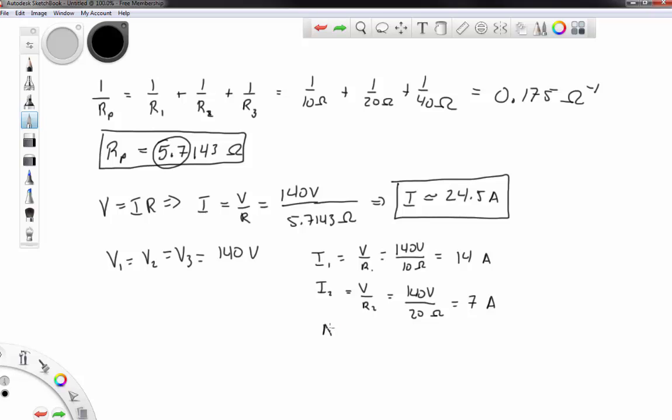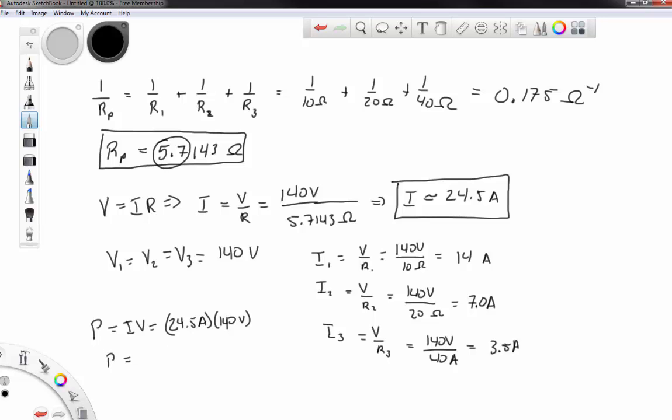And then I3 is going to be the voltage over R3, and so that's 140 volts divided by 40 ohms. So that is 3.5 amps. This one you could even put 7.0 if you wanted. Okay, last but not least, P is equal to IV, which is going to basically be 24.5 amps times 140 volts.